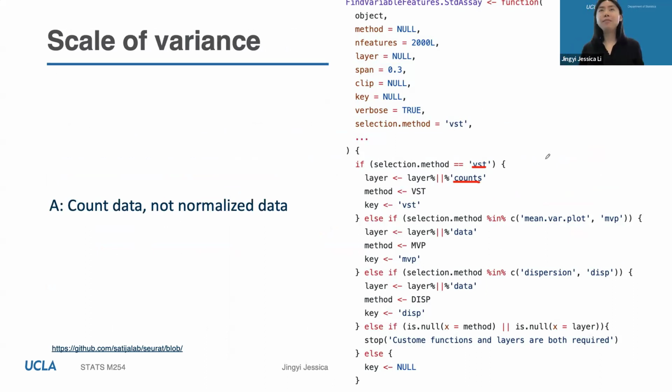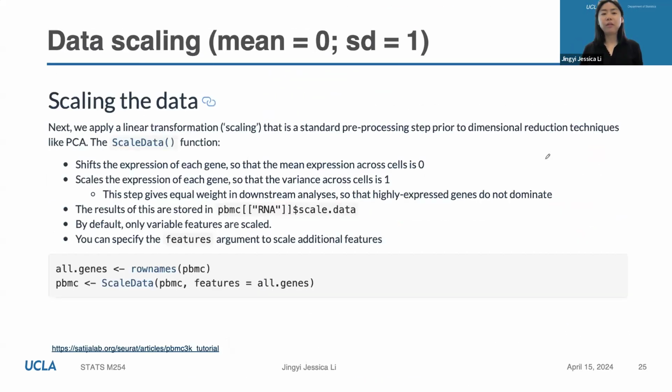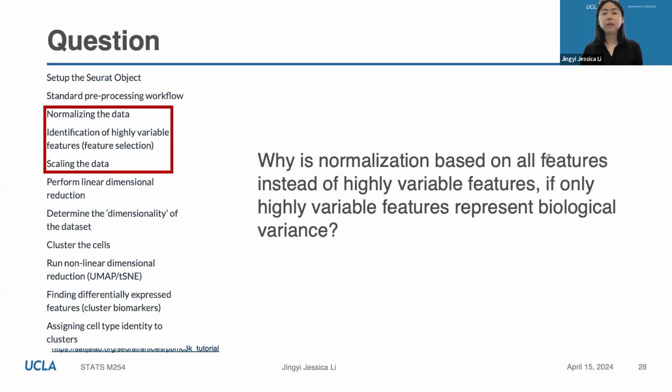But okay, let me move on to the question I want to share with you. This is a question I have myself after going through the steps: why is normalization based on all features instead of highly variable features, if only highly variable features represent biological variants?